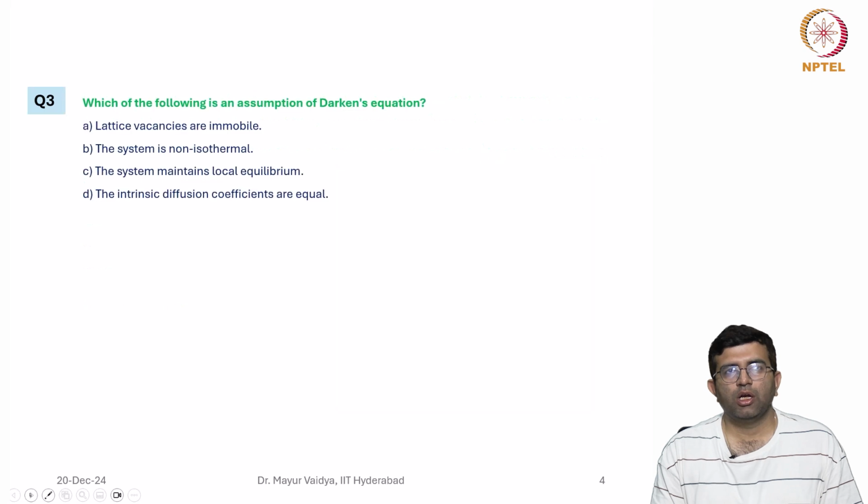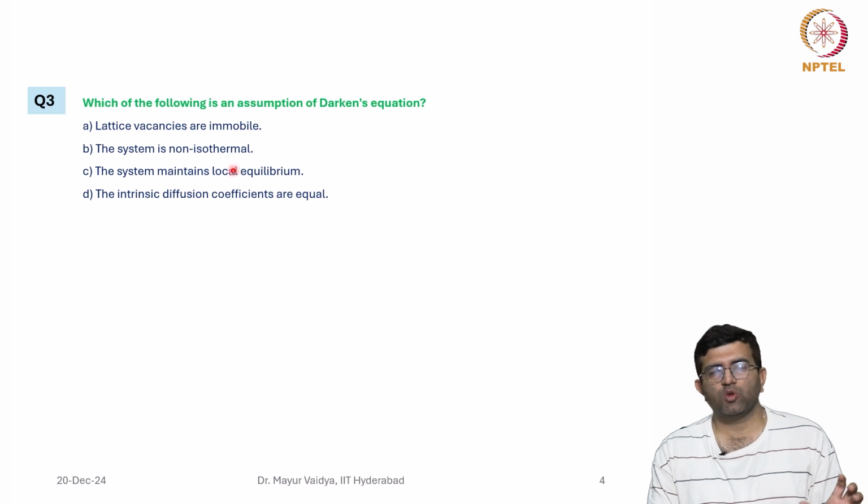Moving ahead. Question number 3, which of the following is an assumption of Darken's equation? Let us look at the options. That lattice vacancies are immobile. That is certainly not an assumption for Darken's analysis. The system is non-isothermal. That is also not true because Darken's equations are analyzed for the interdiffusion scenario where the temperature is constant.